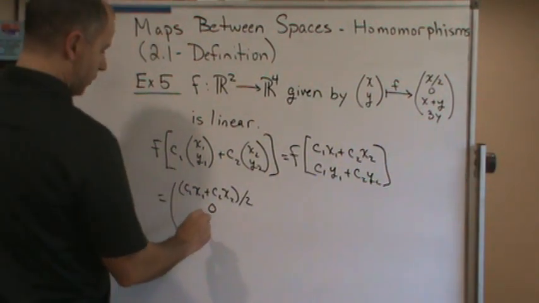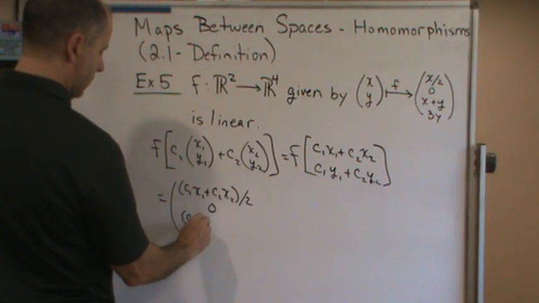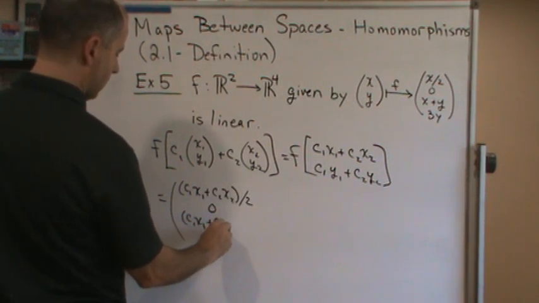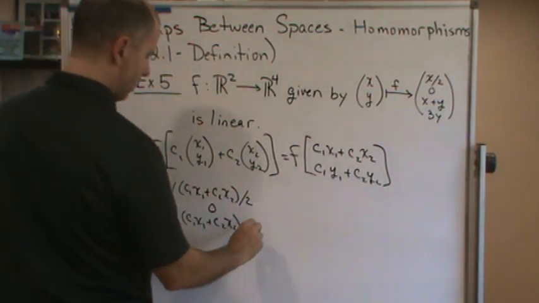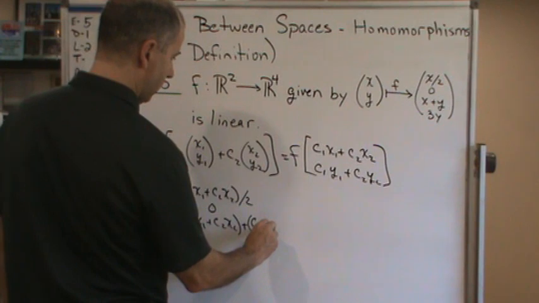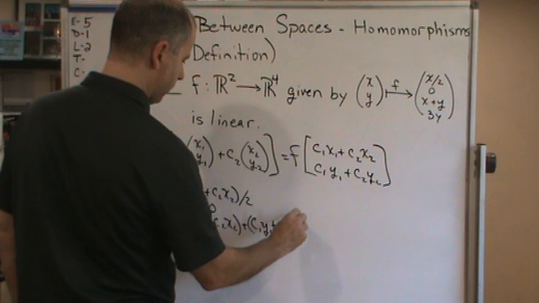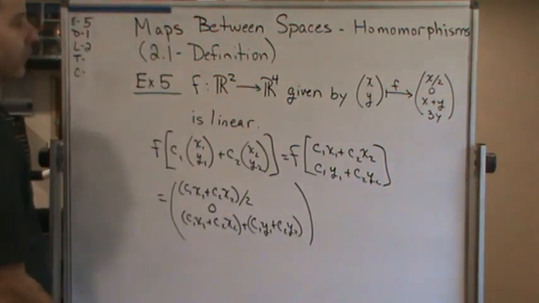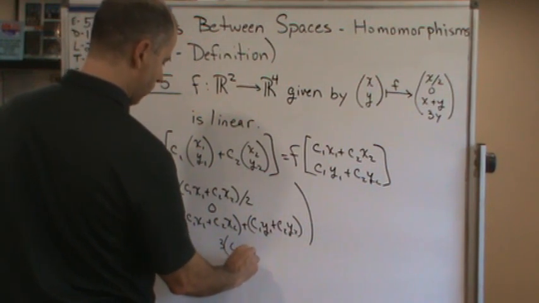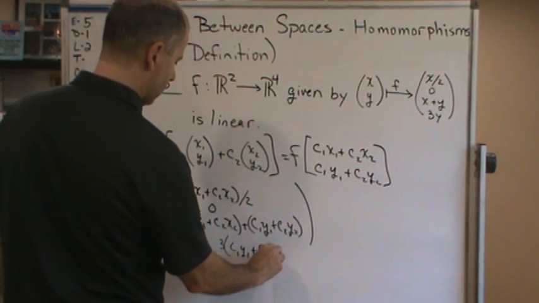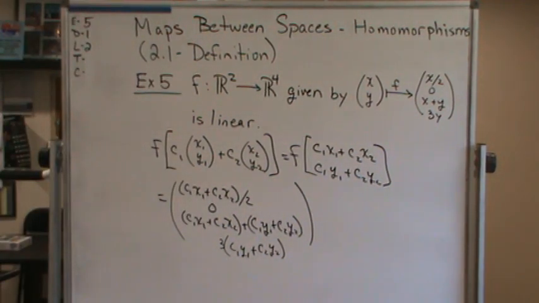And then it's going to do x plus y, so that's going to be c1 x1 plus c2 x2 plus c1 y1 plus c2 y2. And then it's going to do 3 times y, which is just 3 times (c1 y1 plus c2 y2). Okie dokie.